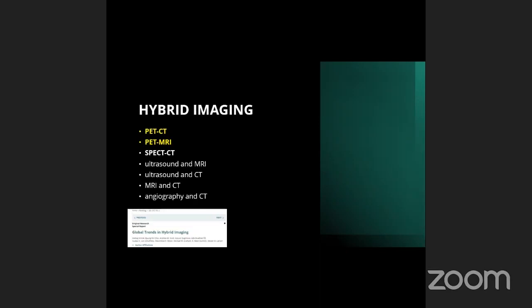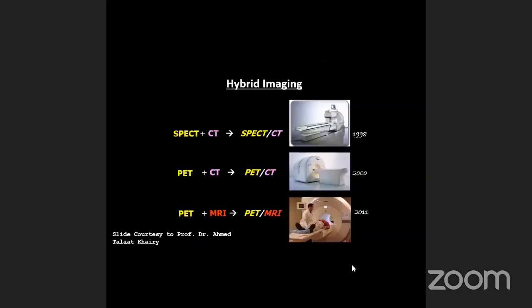So this is what is called hybrid imaging, fusion between two modalities. So you can get the good benefit from both modalities, and you can have much more benefit for the patient.